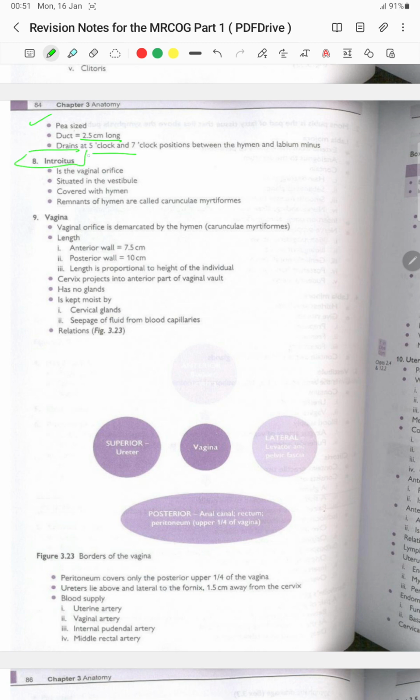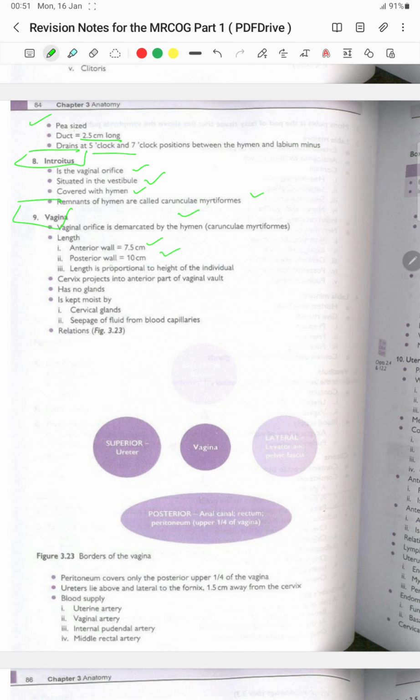Then the introitus is the vaginal opening, situated in the vestibule and covered with the hymen, and remnants of the hymen are called the carunculae myrtiformes.